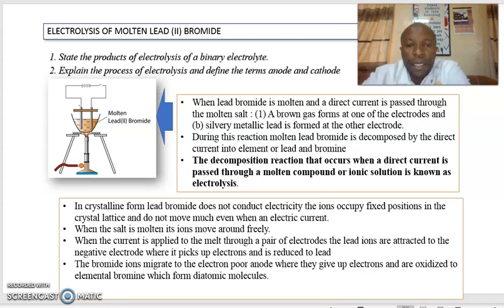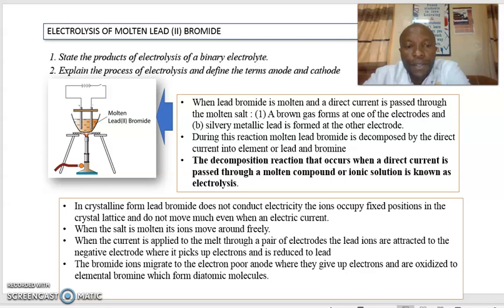Now, earlier you have already looked at electrolytes, and when you pass an electric current through an electrolyte, the electric current causes decomposition of that electrolyte. This time we are looking specifically at molten lead bromide. Lead bromide has two ions, lead ions and bromide ions.